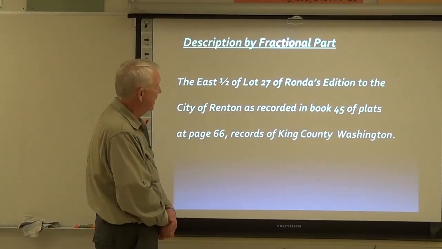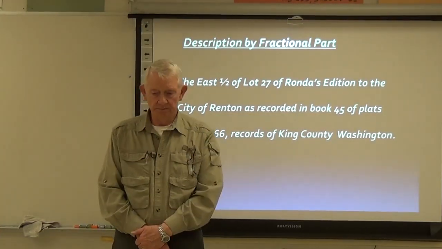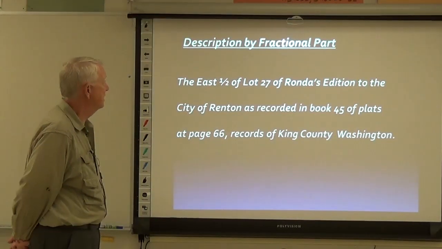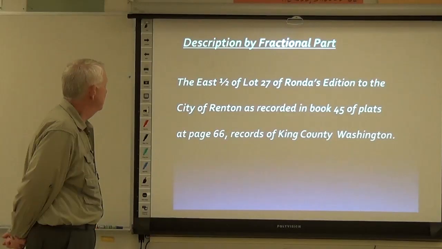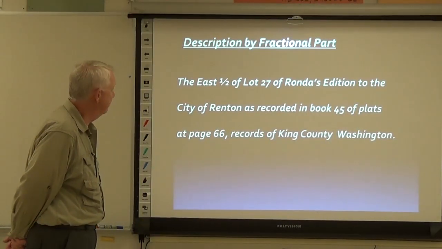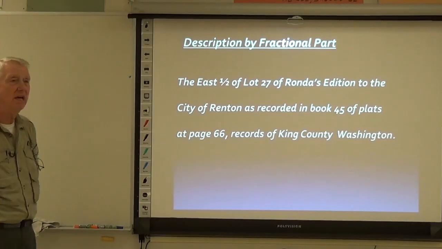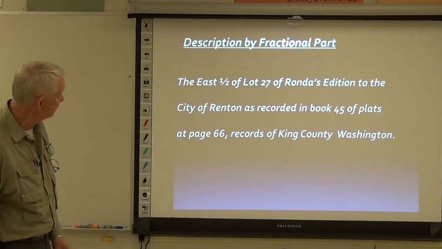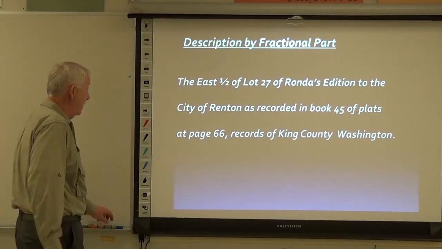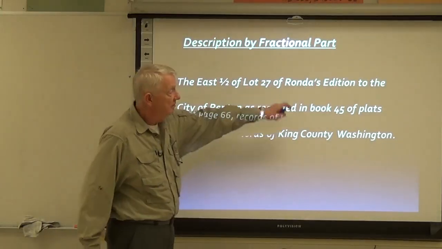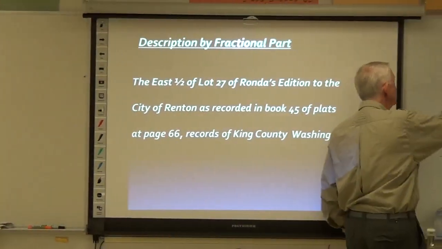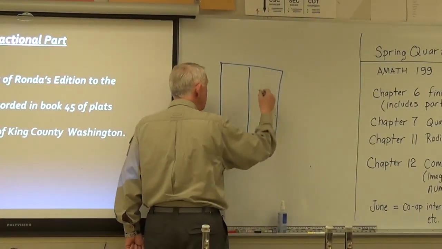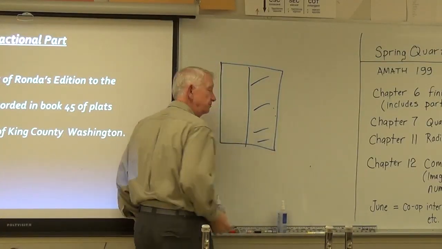The description by fractional parts you want to be real careful with, and we'll talk about this. First of all, it starts out: the east half of Lot 27 of Rhonda's Addition to the City of Renton, as recorded in Book 45 of Plats at page 66, Records of King County, Washington. Okay, so what we have to do is find Lot 27 of Rhonda's Addition, and then we take the east half of that.